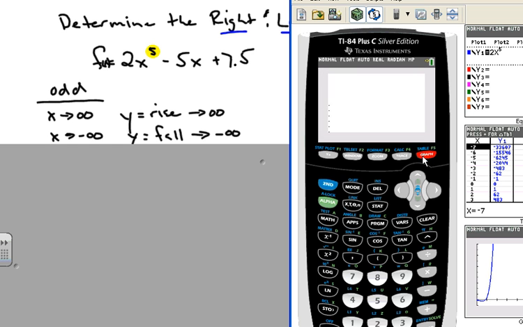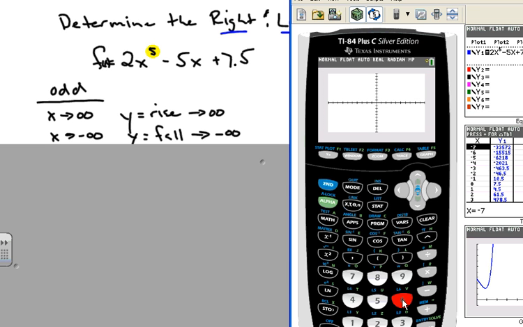When we graph this, I'm going to go to zoom 6 real quick. And there we go.